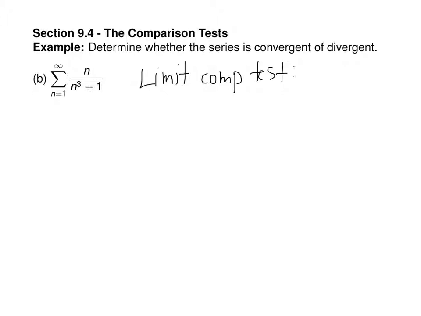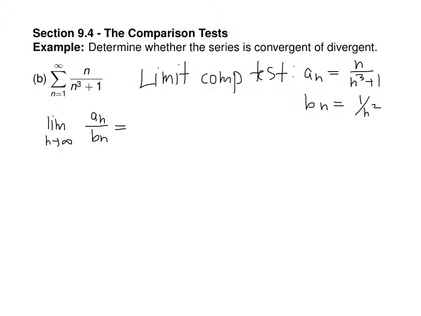And we'll let a sub n be the terms of this series, and b sub n be 1 over n squared, which we know converges. And for the limit comparison test, we find the limit of the ratio of a n over b n. And as long as this limit is finite, the two series do the same thing.